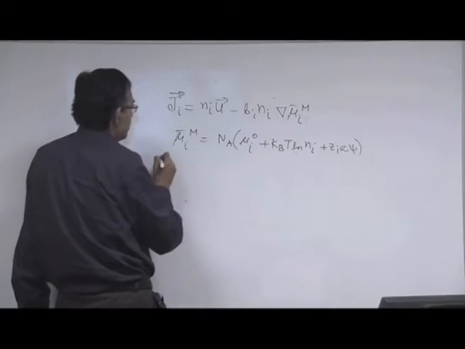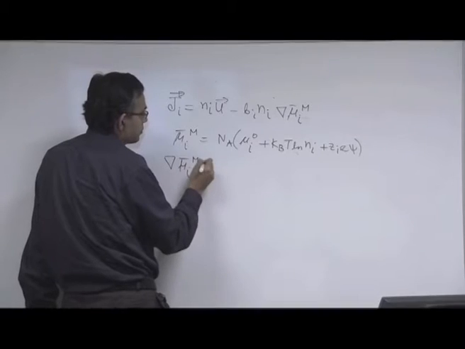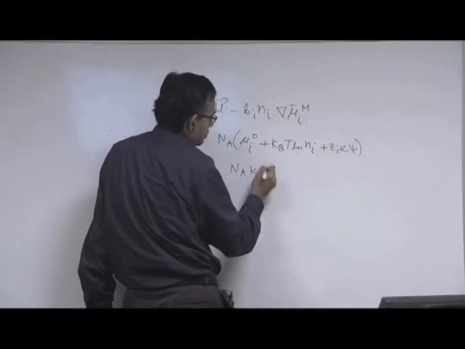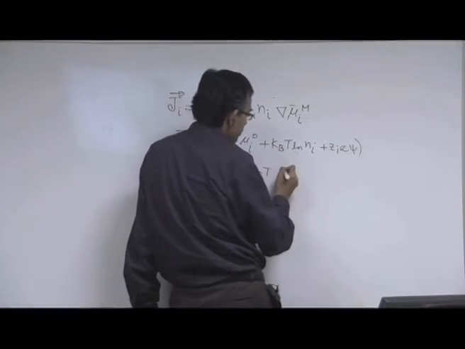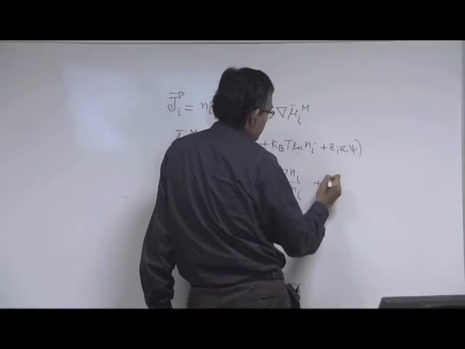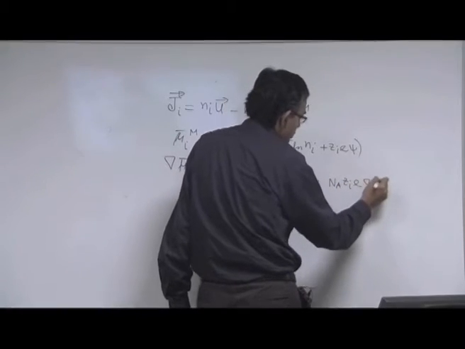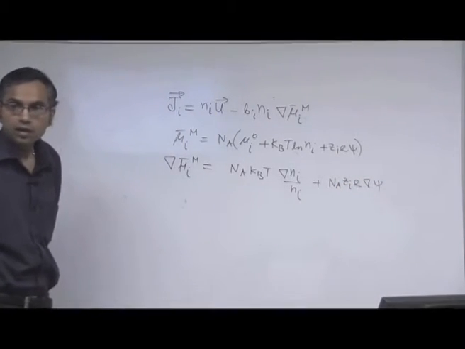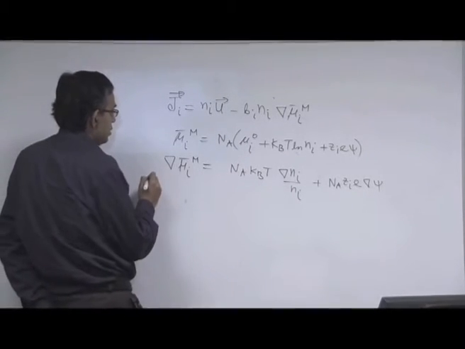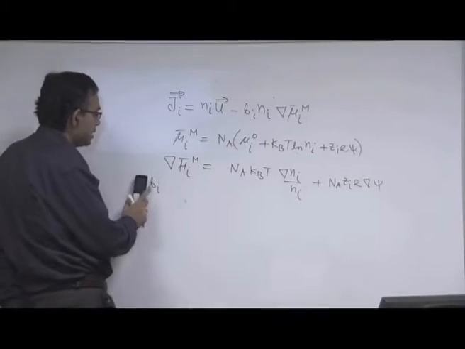So what is grad mu i m? What is Bi? Okay, then we will go step by step.